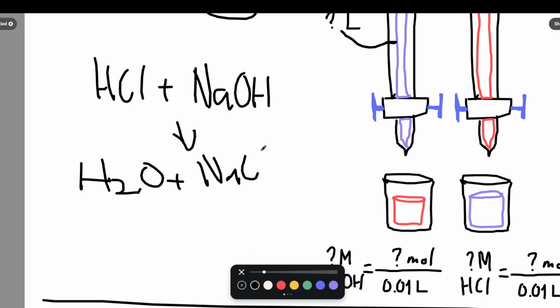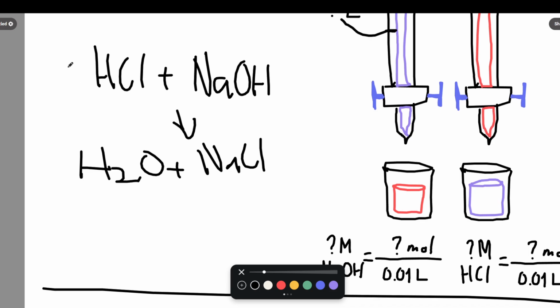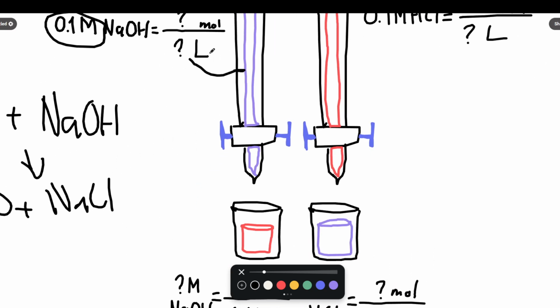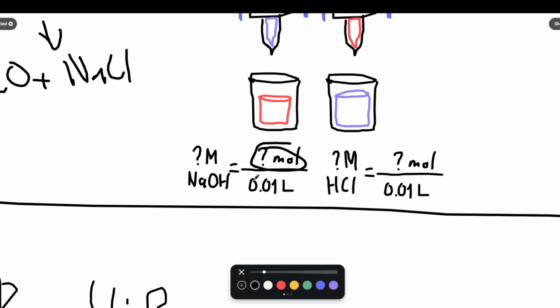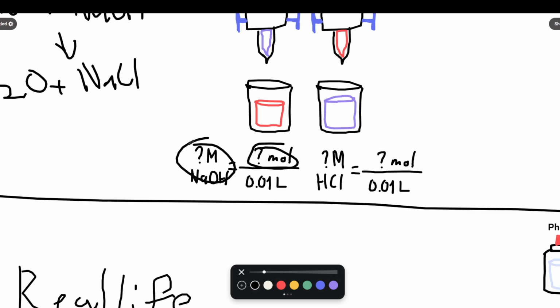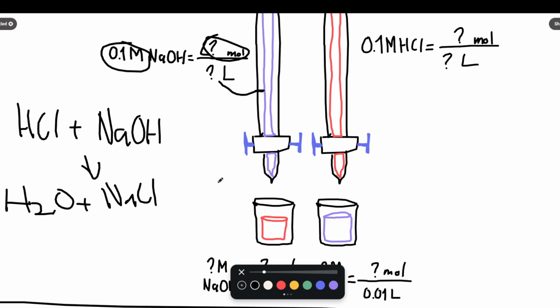With stoichiometry, we know that all of these mole ratios are 1 to 1: 1 NaCl to 1 water, 1 NaOH to 1 HCl, and so on. So you get the amount of moles right here, plug it down here, and divide it by the volume you used, and then you should get the molarity. That's all it is. It's not really hard.